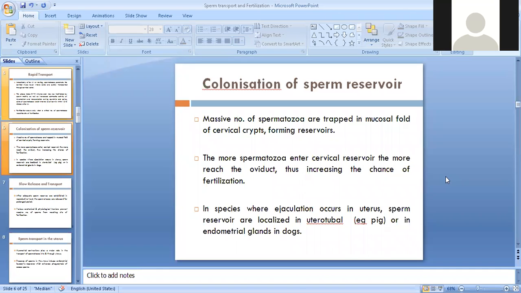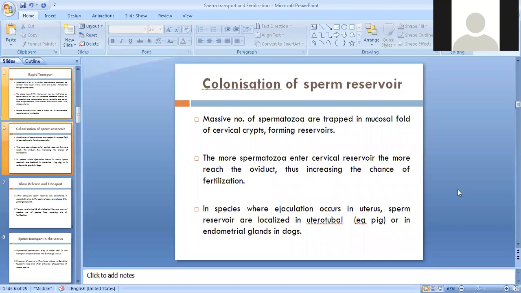From these reservoirs, the sperms later on get released slowly. The more spermatozoa enter the cervical crypts, the more chances of fertilization, because there will be more spermatozoa available for this slow transport as well.